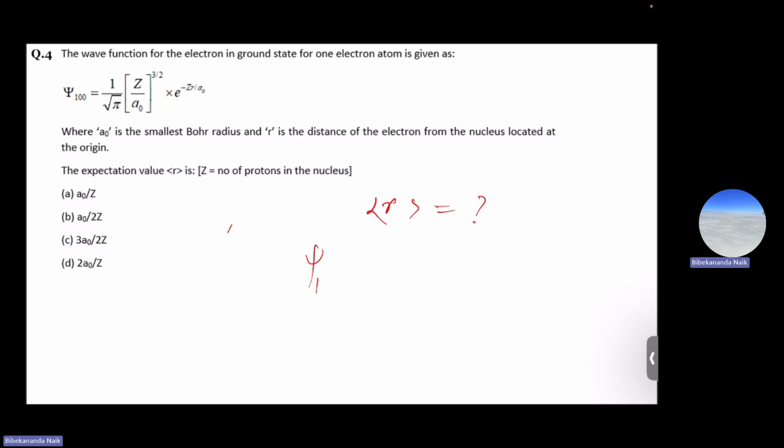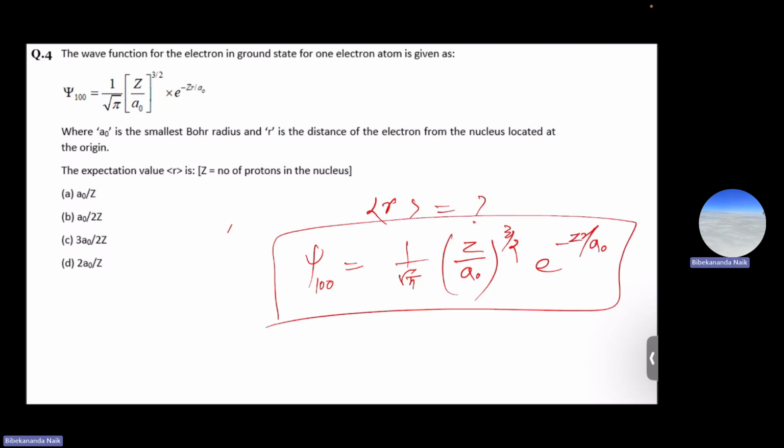The wave function is given as 1 by root pi, (z by a0) to the power 3 by 2, e to the power minus zr by a0. I'll give you a few minutes and then we will discuss.